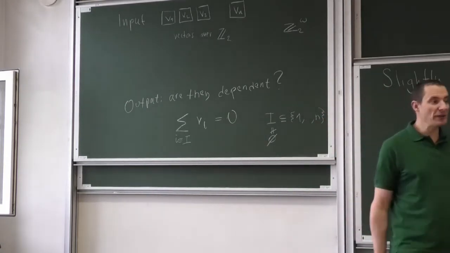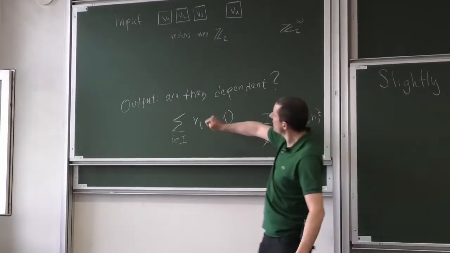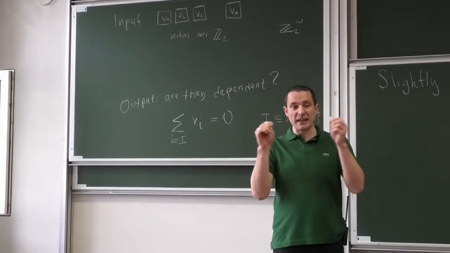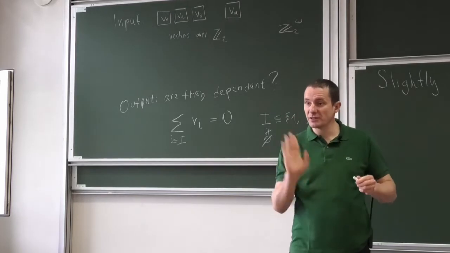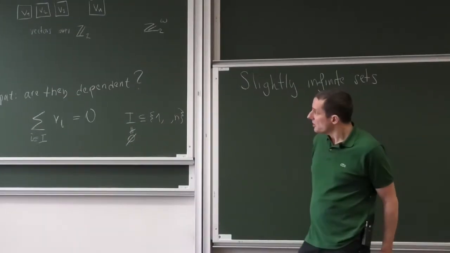Can you sum some of them and get 0? Technically speaking, this is not a property of the set, because if you have a repetition, for example, then they're linearly dependent, okay? So this is your problem.